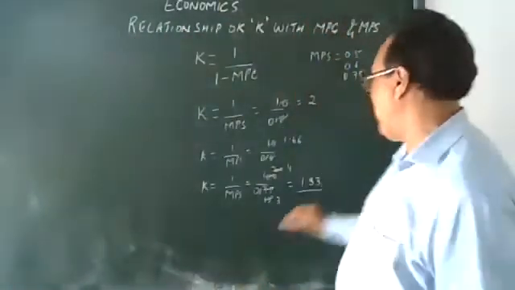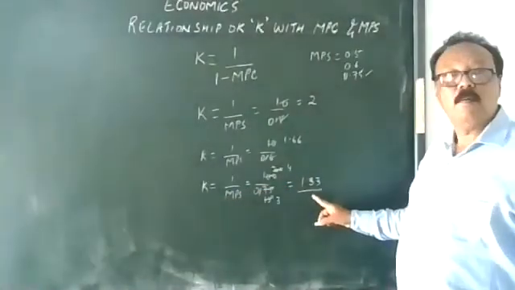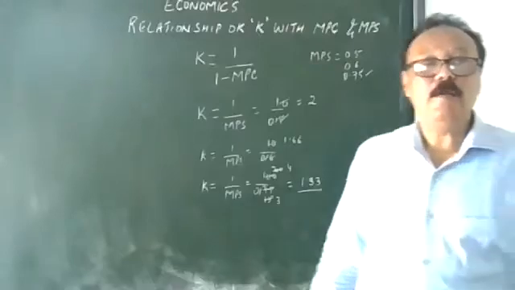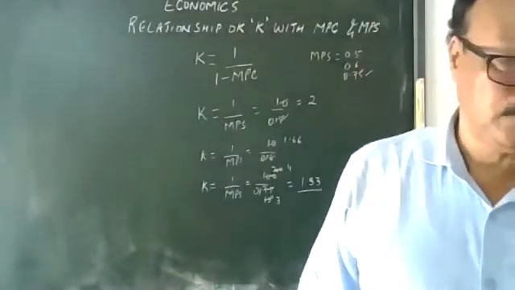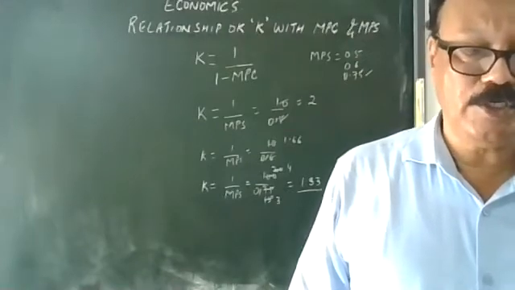So you see, when MPS increases, the value of the multiplier would decrease because of its inverse relationship.